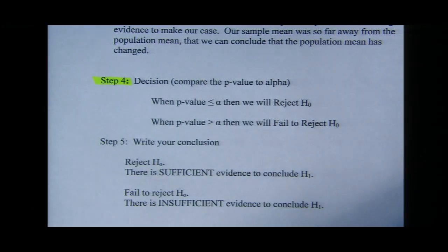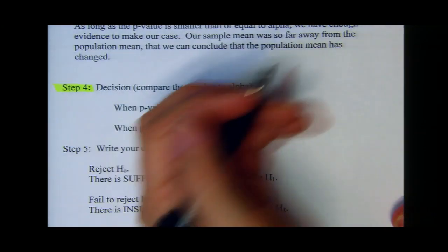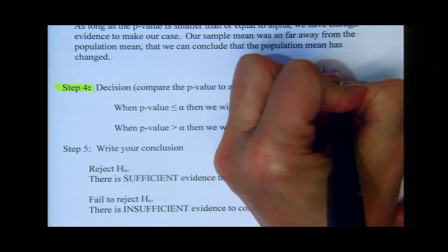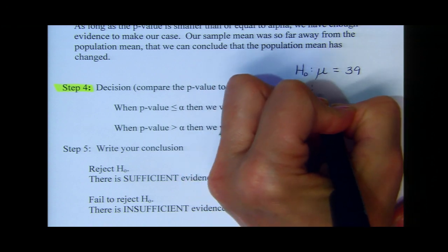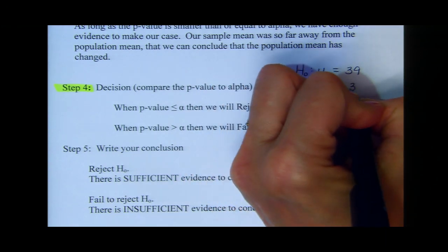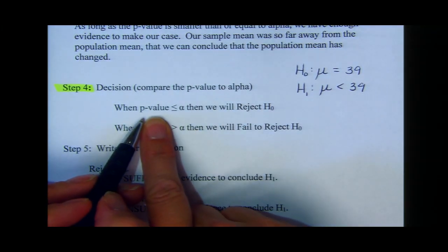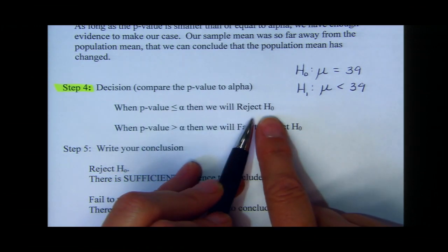Now, just for purposes of trying to help explain this, I'm going to rewrite that example that I did with our null and our alternate. If our p-value, which was calculated in step 3, is less than or equal to alpha, then we would reject the null.